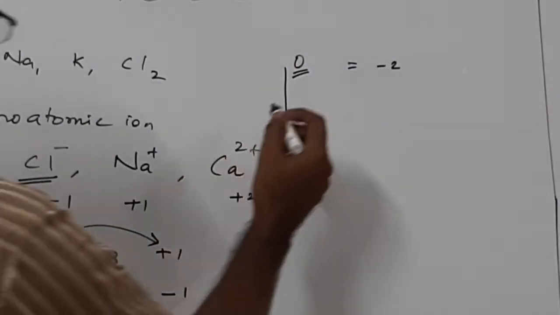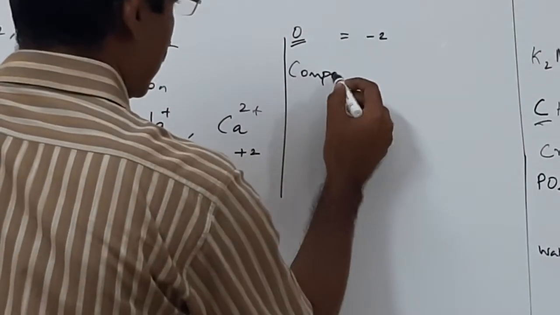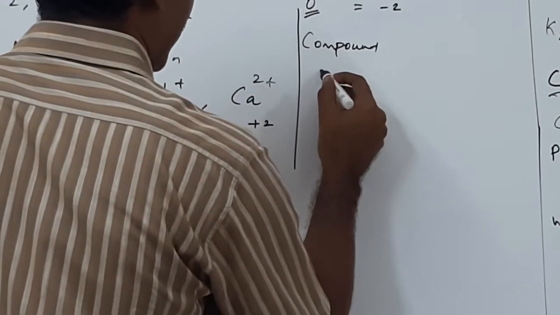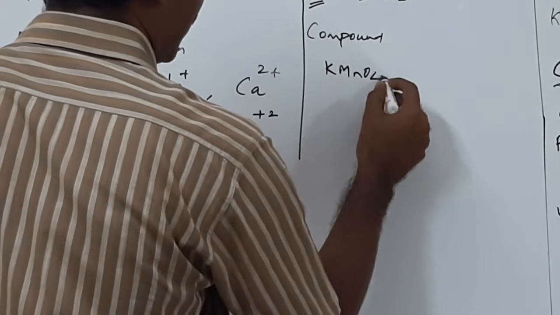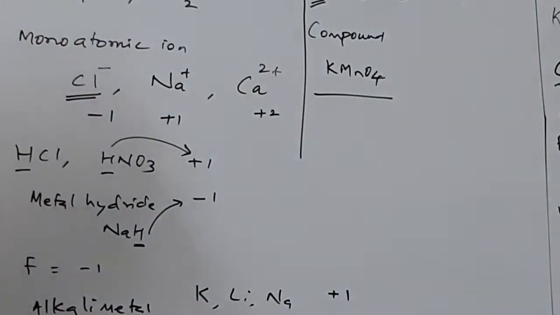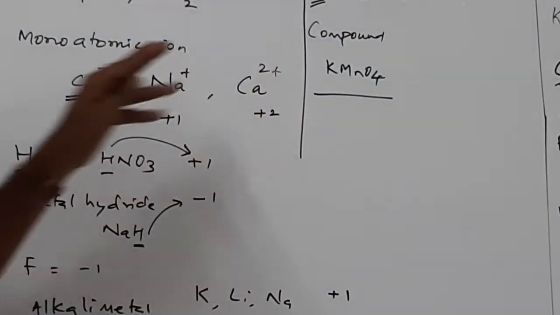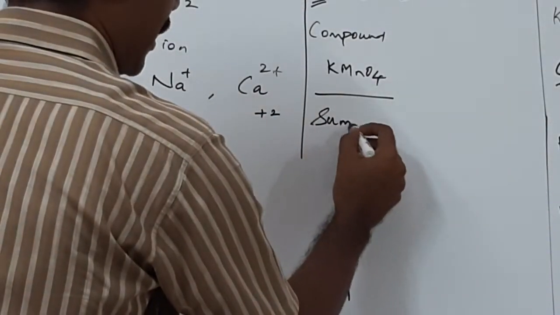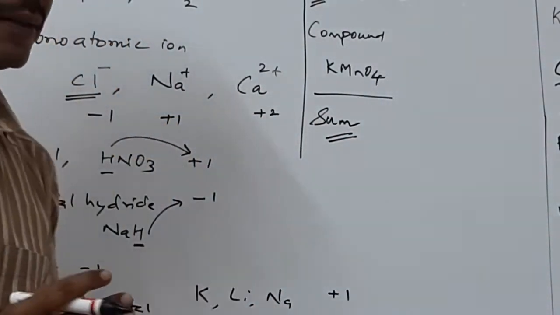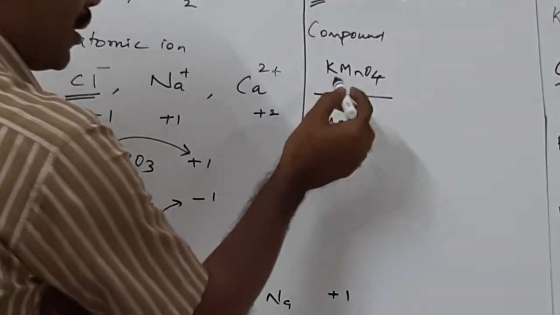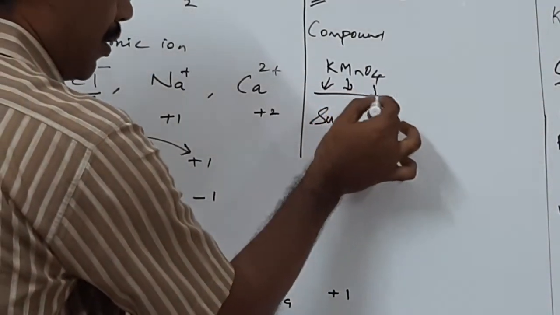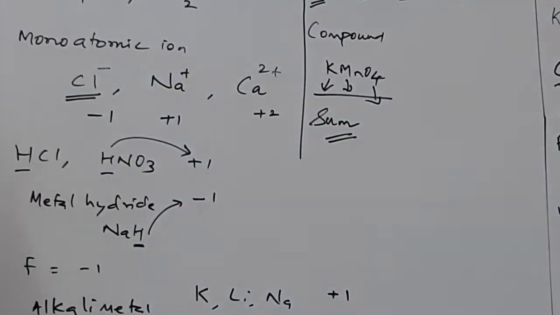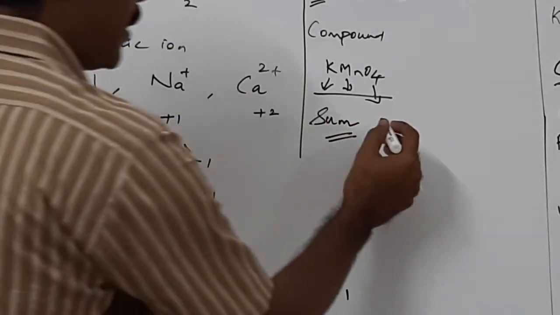Next, let us take a compound, say KMnO4, potassium permanganate. In a compound, the algebraic sum of the oxidation numbers, when you add the oxidation number of potassium, manganese and oxygen, will always be equal to 0.